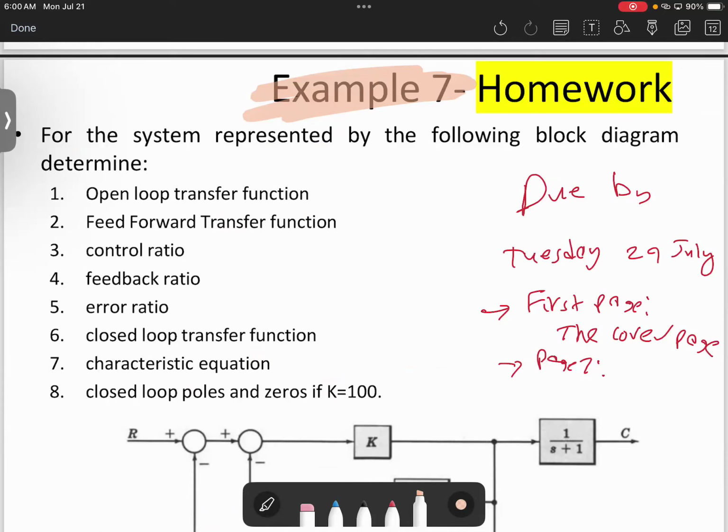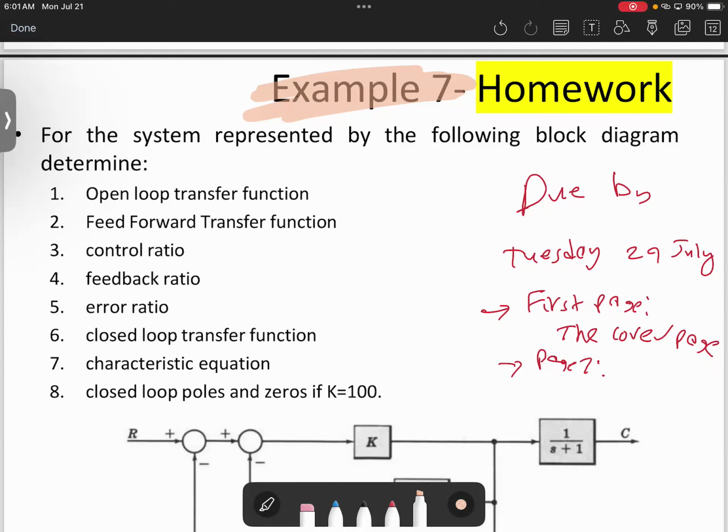Let me write it. Example 7 has 8 unknowns, 8 requirements. Example 10, example 11, example 12, all of these are closed loop transfer function.